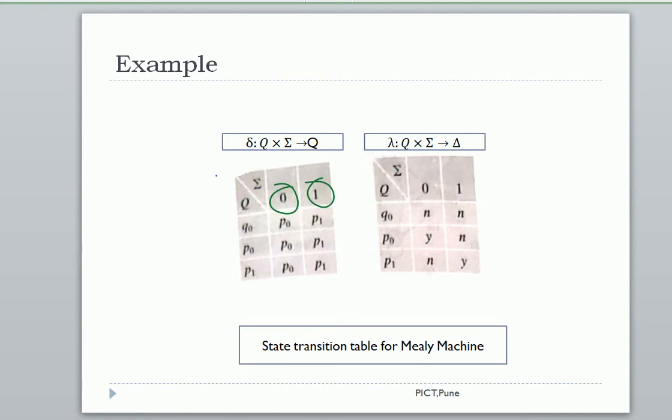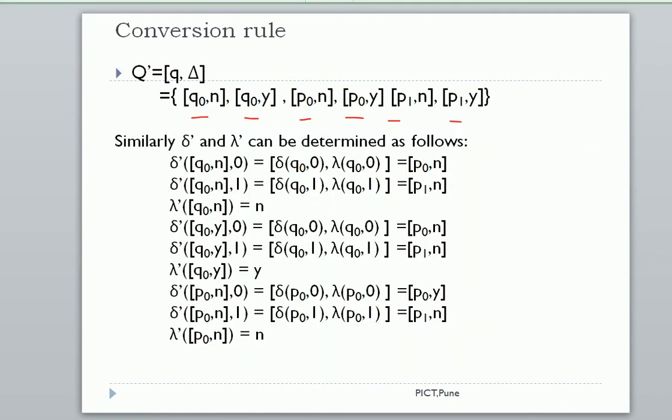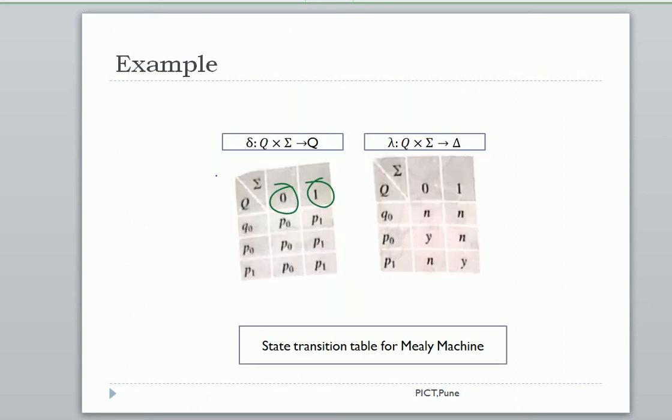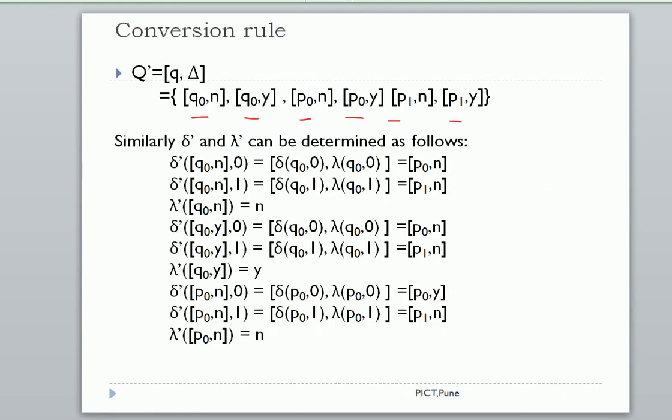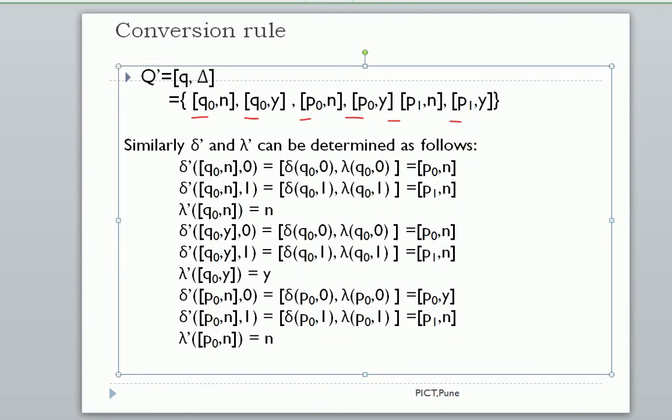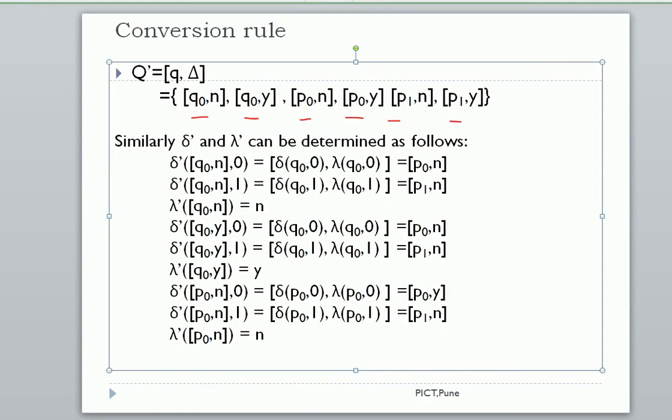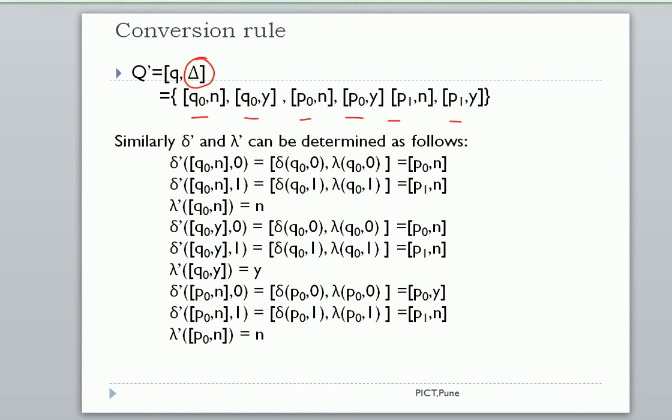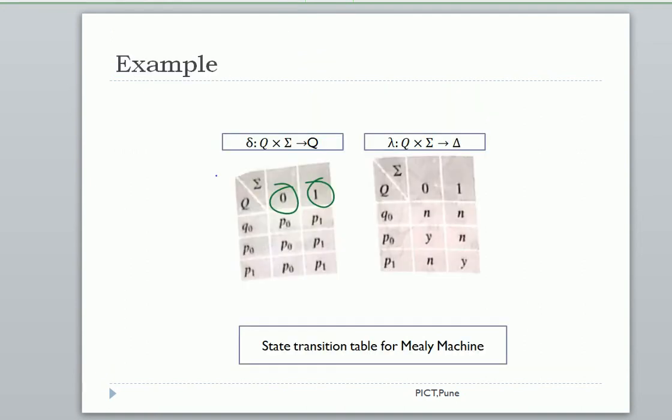So in this case, every state on 0 and 1 has an associated output, we are talking about the output here, right? We bother about the output, not the input. So what is the output in the state? Here the output function talks about the associated output. Now the associated output is either N or Y, no or yes.